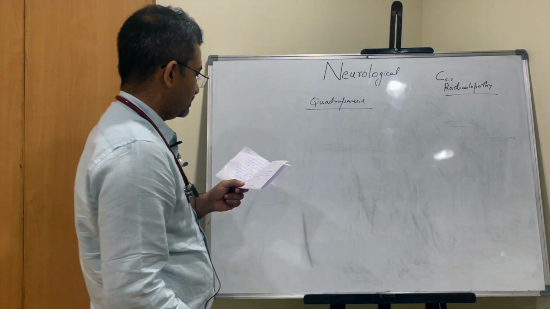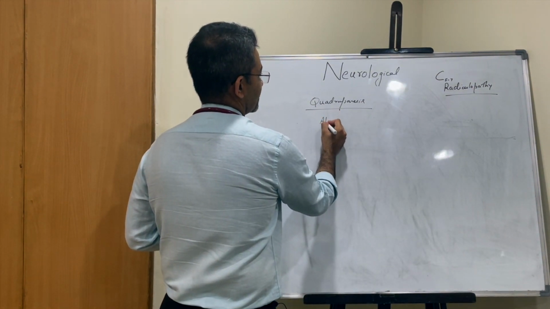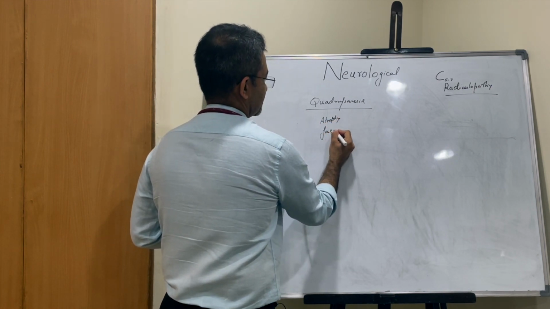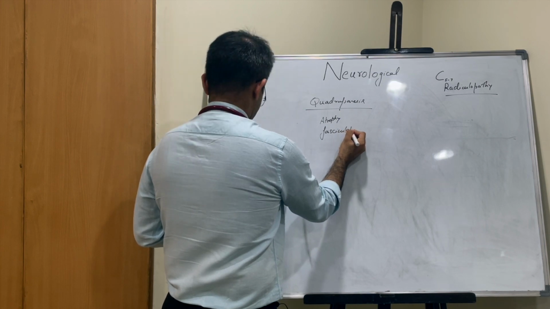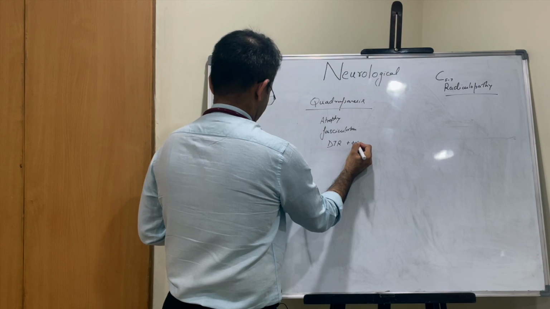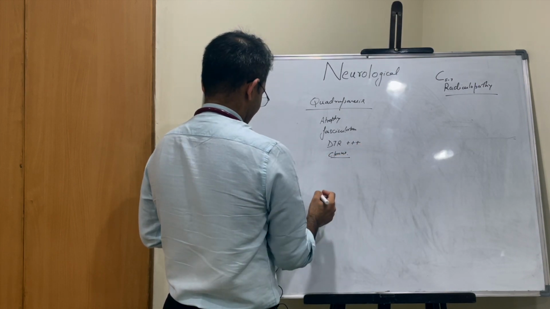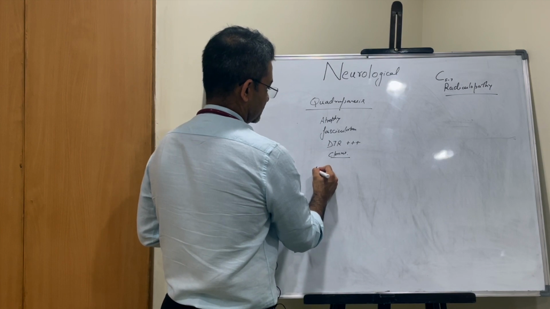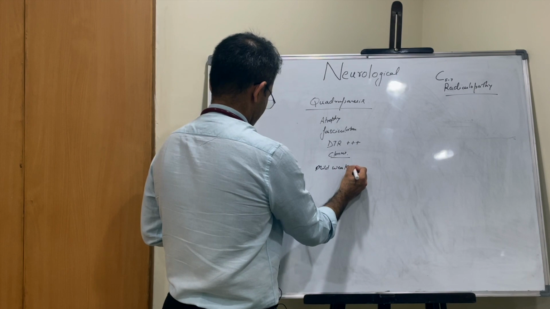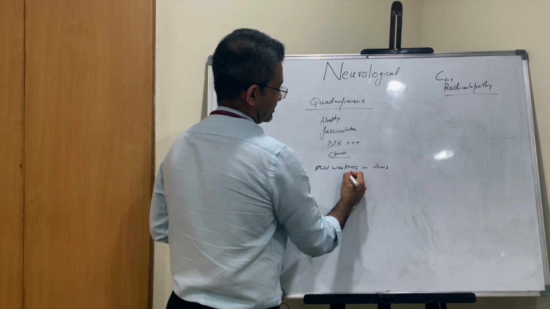Suppose you have, in case of quadriparesis, atrophy, fasciculations, DTR which is increased, clonus, and mild weakness in arms also, in arms with fasciculation.